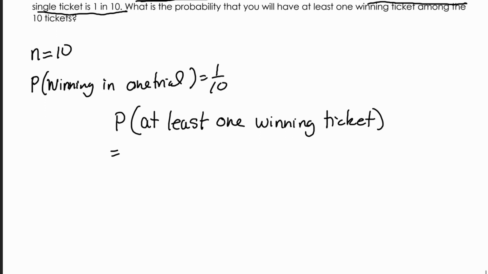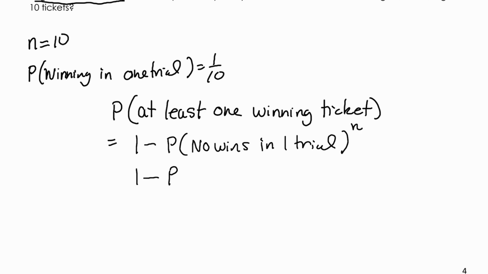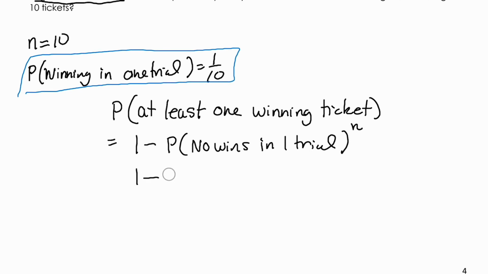Well, we have the information for the second formula, but not the first. The second formula says I'm going to take 1 minus the probability of no wins in one trial, and then I want to raise that to the number of trials. The information that was given to me is that in one trial I have a 1 in 10 chance of winning. So that means in one trial I have a 9 in 10 chance of not winning.